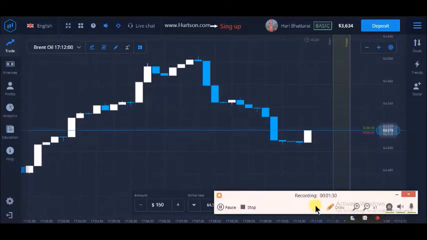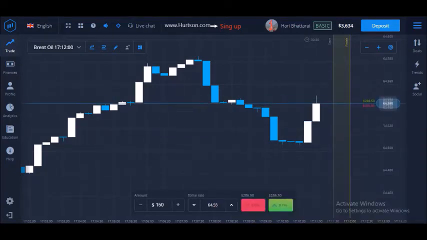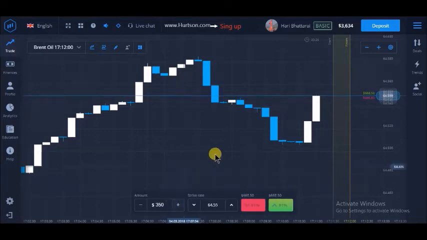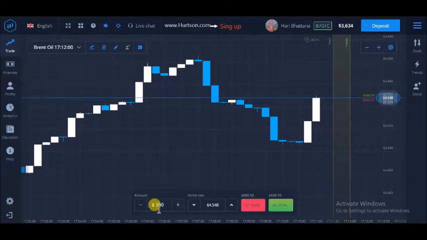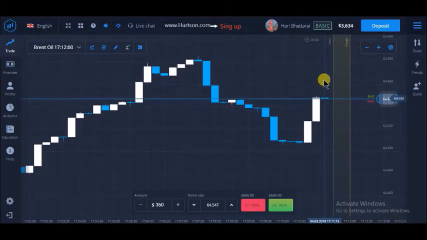Okay, so what I need to do is look at the market and open a trade. So you can see I put an amount here. This is the investment amount, and you need to predict whether in the next 30 seconds this market will go up or down.